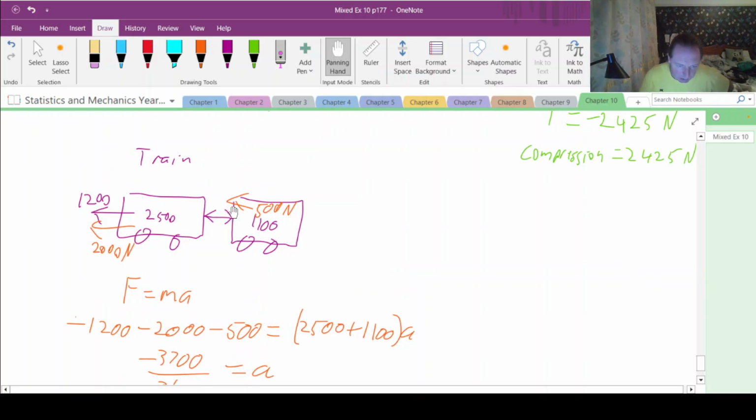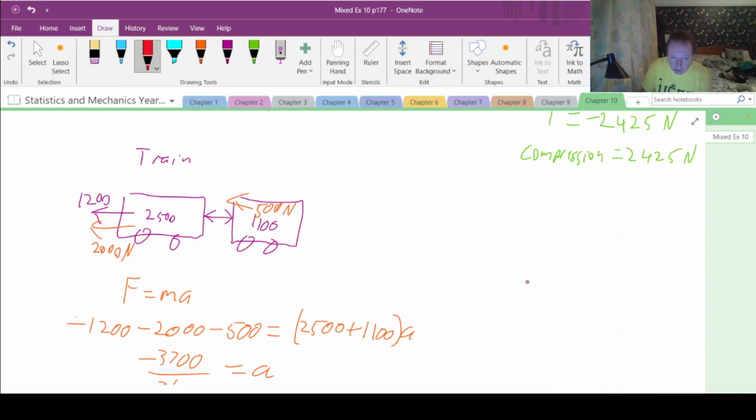Now then, we are looking for the thrust in here. Let's do it on the train carriage, just because we did it on the train last time. So now we're putting an F equals ma on here, and let's call it, what did they call it on theirs?